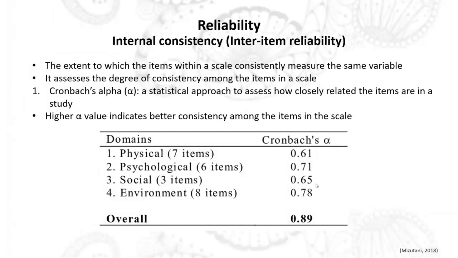But still, the researchers want to use these scales, maybe because the overall comparative alpha is good, nearly 0.9. So they still want to use it to measure quality of life because they use this overall score to determine quality of life for their subjects, but not the individual domains.